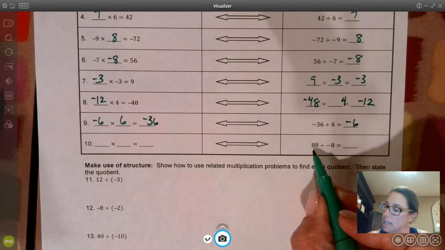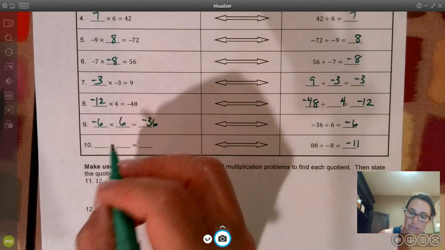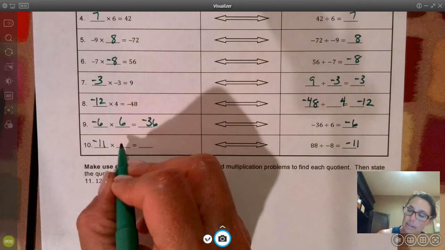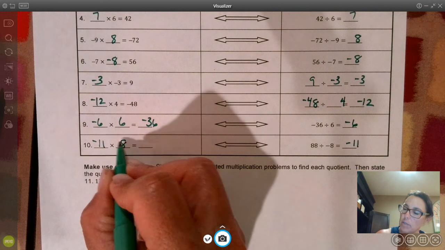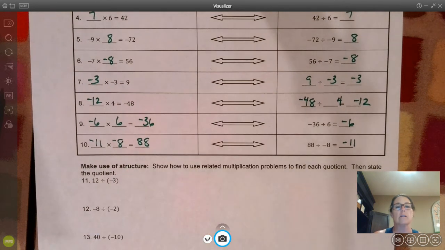This one, 88 divided by negative 8 is negative 11. This would be negative 11 times negative 8 is 88. Please understand how you can relate multiplication and division to one another.